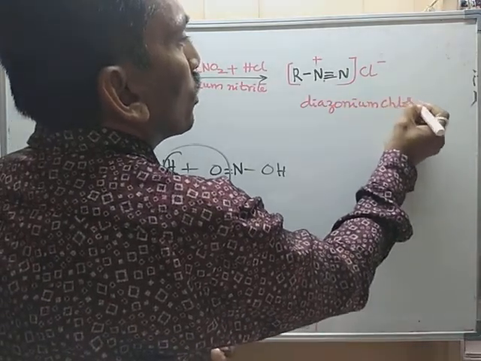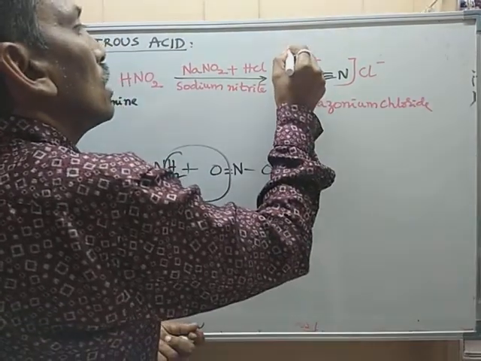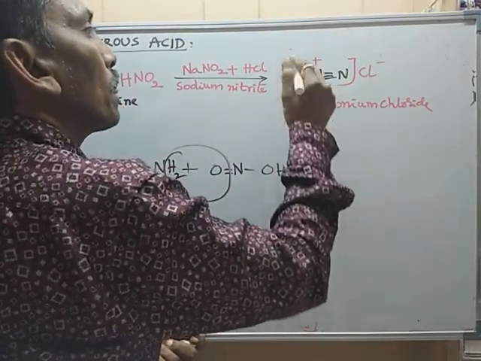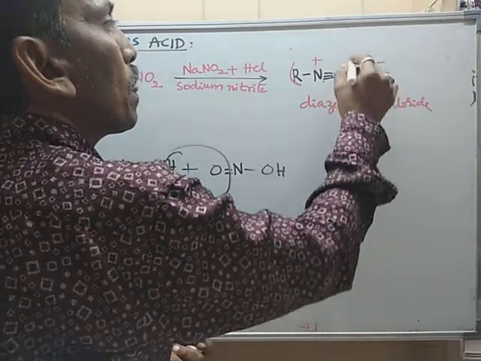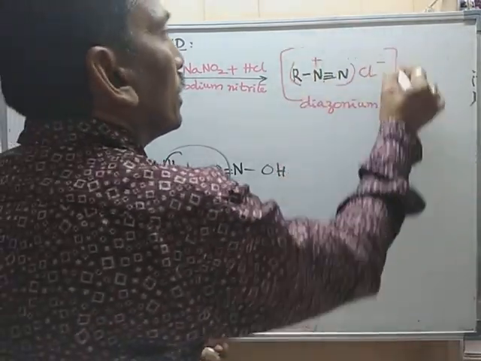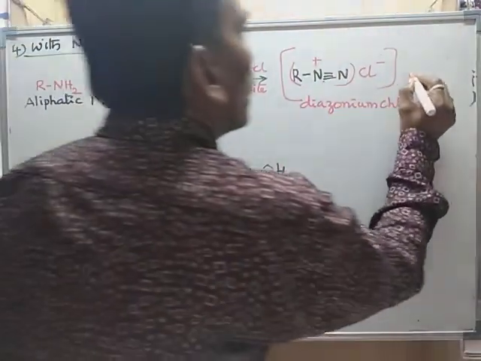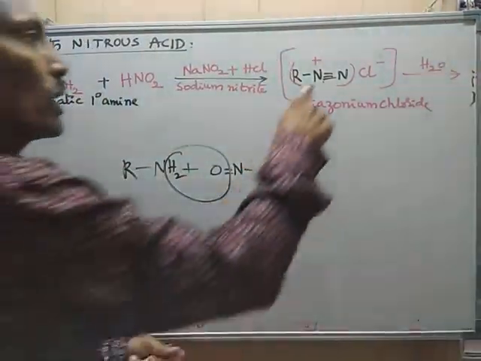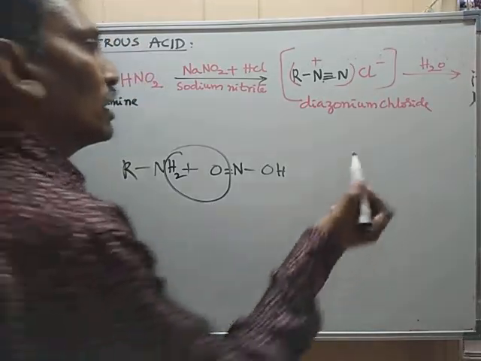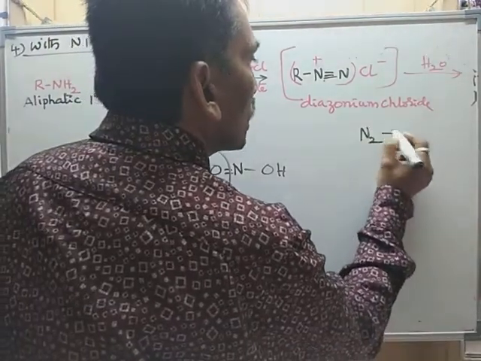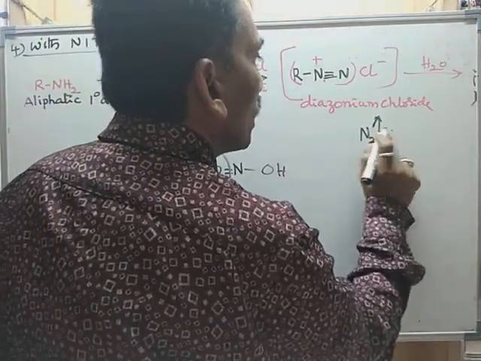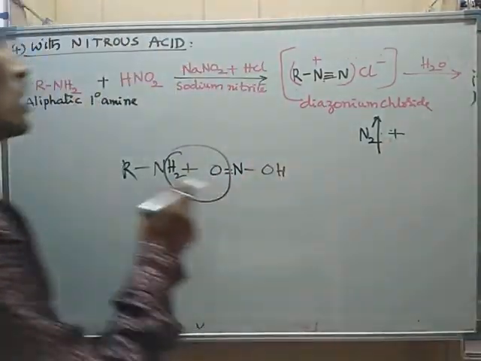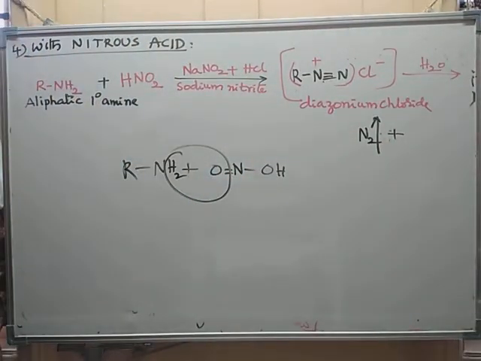A salt is produced which is unstable. It immediately decomposes. Then N2 gas is liberated quantitatively. So with the liberation of nitrogen gas, this reaction is identified.